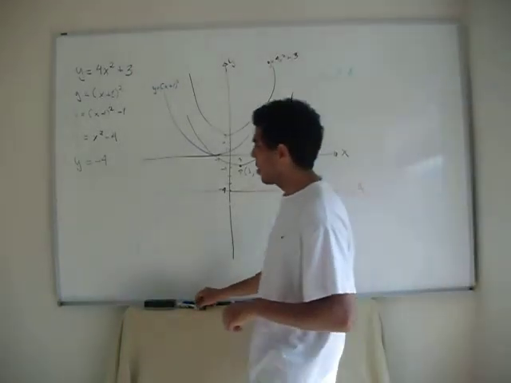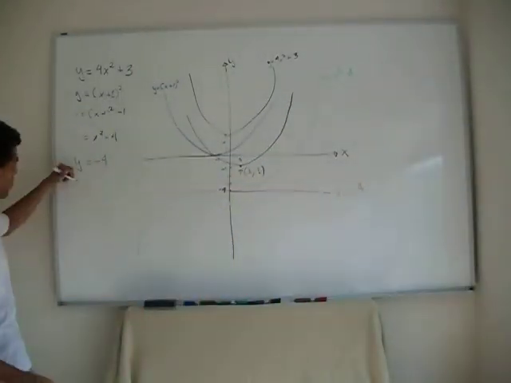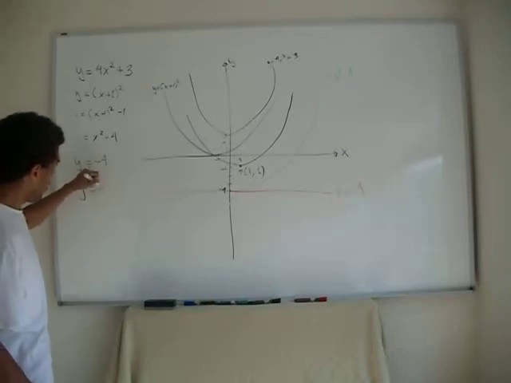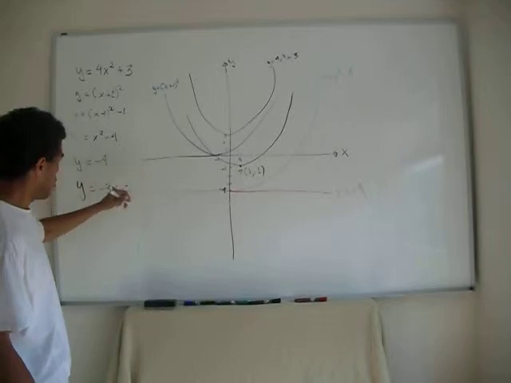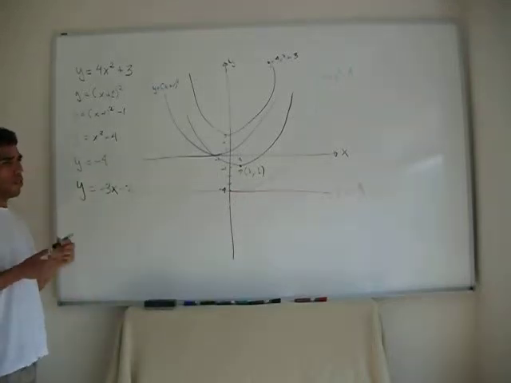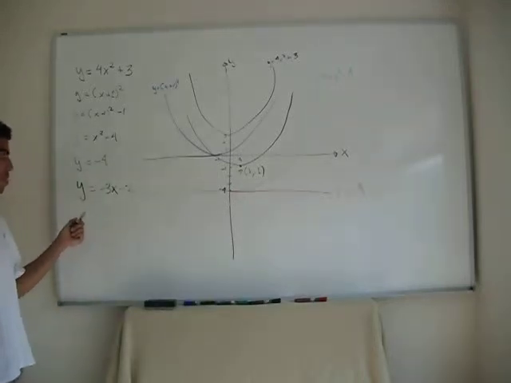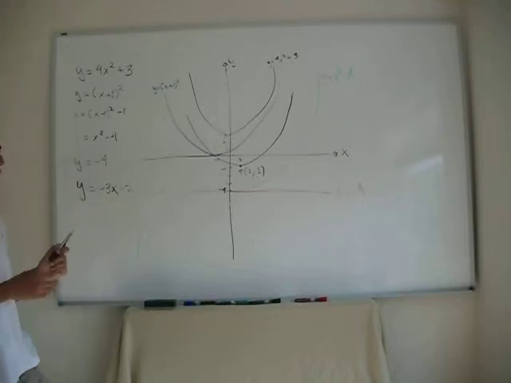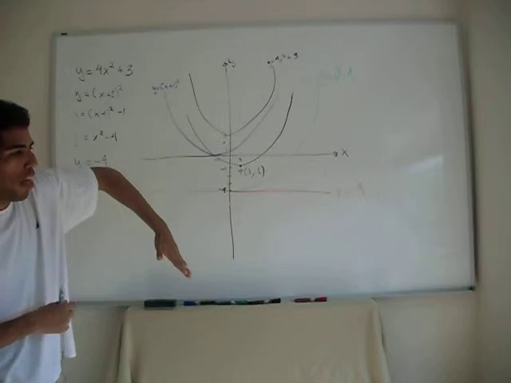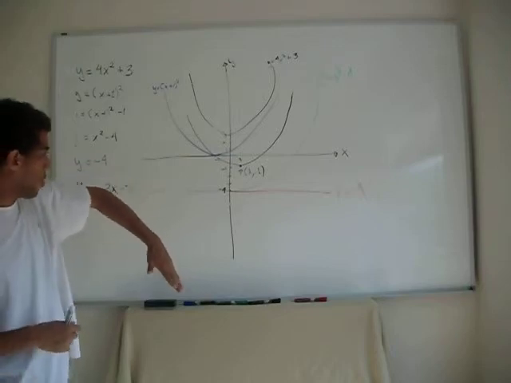Let's do another one. y equals minus 3x minus 2. What is this? Is this a quadratic, a cubic? No, it's just a linear function. The slope is minus 3, so it means it's negative. The line is going to be like this, from the upper left to the lower right.